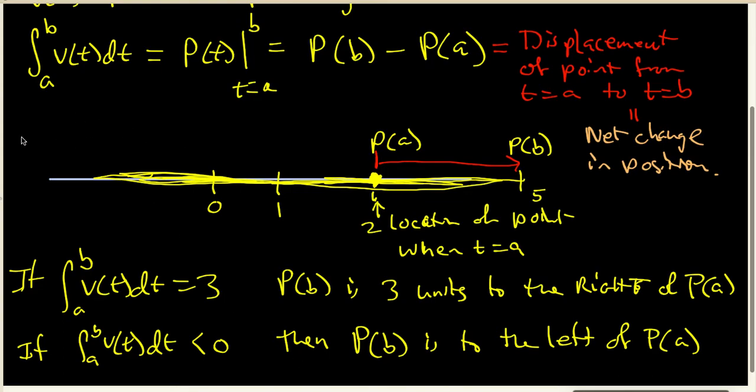And basically on this kind of number line, when the velocity is positive, we are moving towards the right, and when the velocity is negative, we are moving to the left. And so displacement turns out to be what the integral of velocity is.